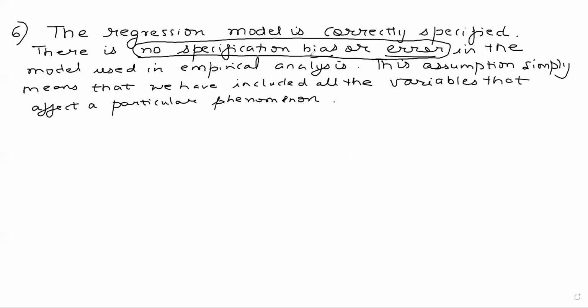So guys, let's move forward now and talk about variances and standard errors of the OLS estimators. All students can recall in the previous lecture we had performed the ordinary least squares method.